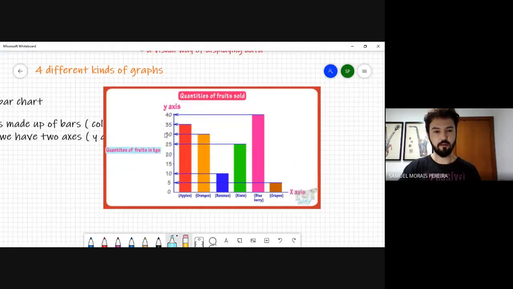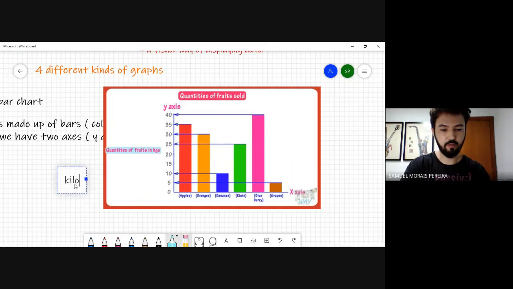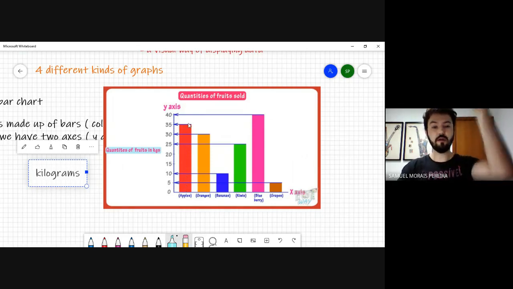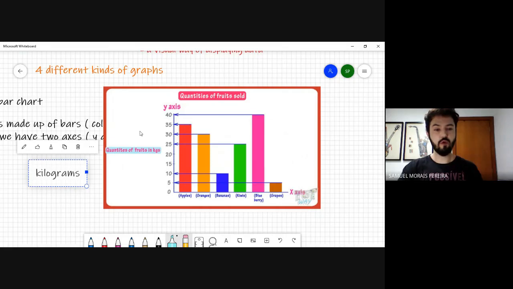And here you have the quantities of fruits, and they are in kilograms, okay? So they are in kilograms, as you can see there, okay? Well, as you all know, the size of the column, altura, the height of the column represents quantity, okay?